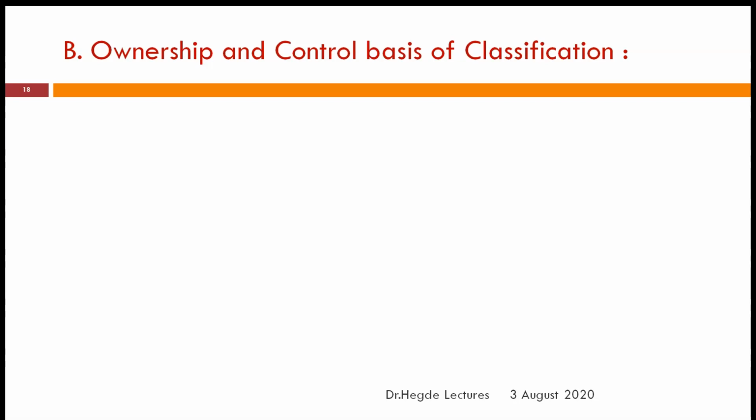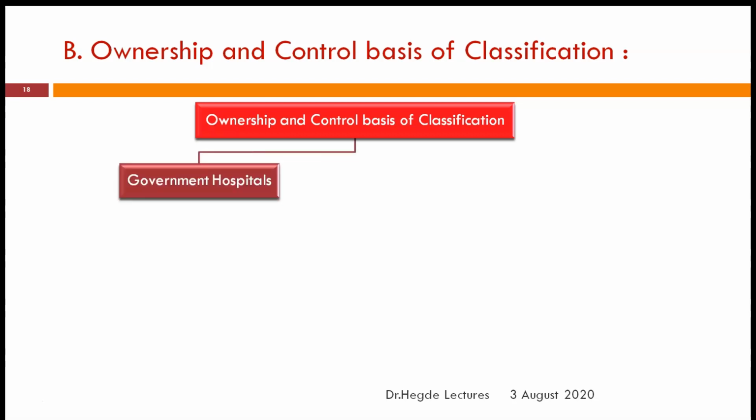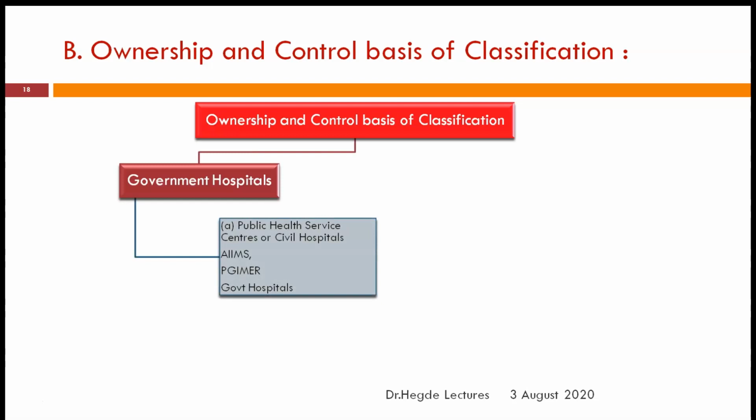Now we'll be seeing the second type of classification, the ownership and control basis. According to the ownership and administrative control, hospitals may be classified into two types: one is the government hospital and the other one is the non-government hospital.